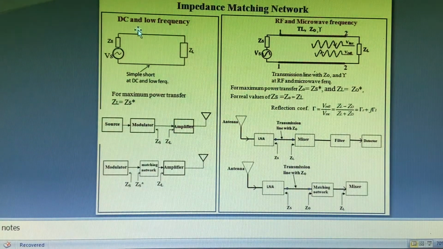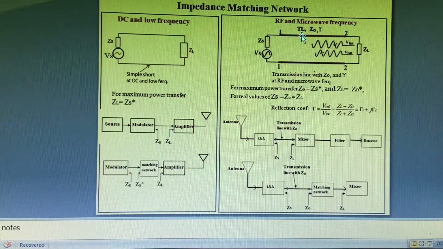So at DC and low frequency, for maximum power transfer, ZL must be the complex conjugate of Zs, and that is enough. But if you go to the RF and microwave frequency regime, the interconnect which is used for connecting a source to the load impedance behaves like a transmission line with a characteristic impedance Z0 and propagation constant gamma.